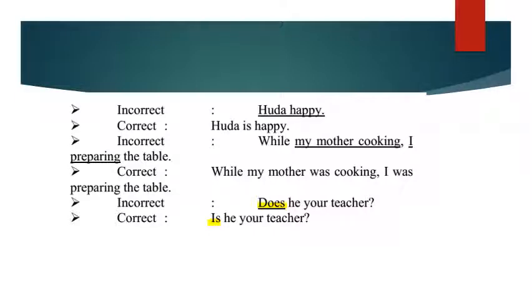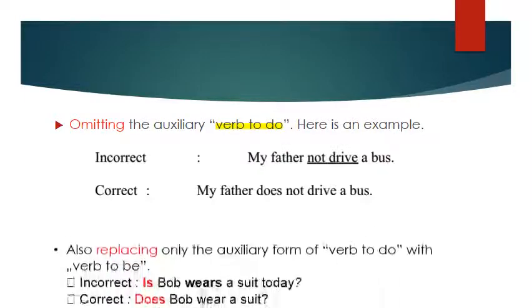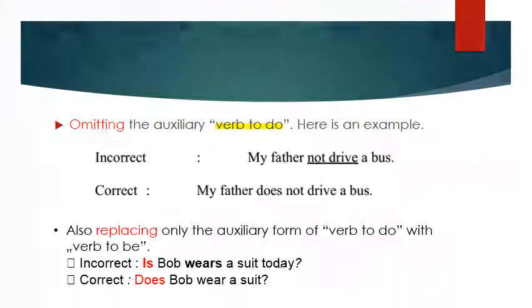In the first two examples we had deletion, where the copula has been deleted, and here we have substitution. Sometimes the verb to do gets omitted by the Arab speaker, so omitting the auxiliary verb to do, we have an example here: my father not drive a bus.